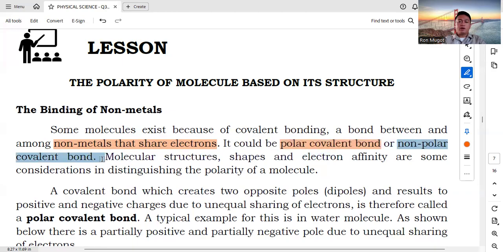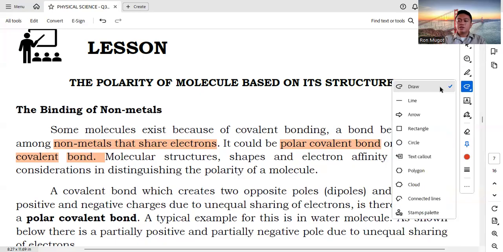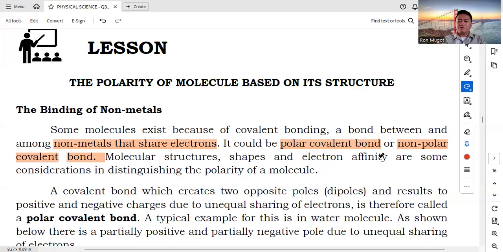or a non-polar covalent bond. However, molecular structure, shapes, and electron affinity are some considerations in determining the polarity of a molecule. So, one is molecular structure, the shapes, and electron affinity.